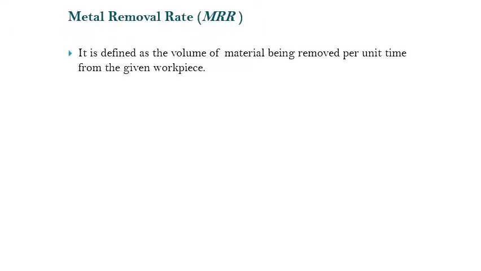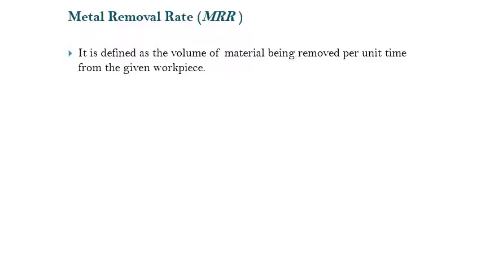So metal removal rate, generally written as MRR, where M is metal, R is removal, R is rate. Metal removal rate is defined as the volume of material being removed per unit time from a given workpiece. Clear this point?